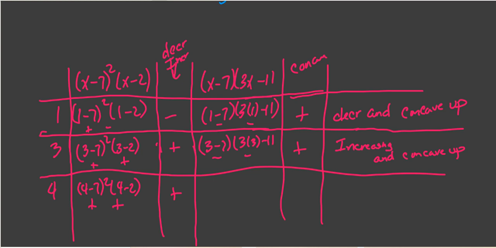Then we have 4 minus 7 times 3 times 4 minus 11. This will give us a negative times a positive, which is a negative. So this means that this is going to be increasing and concave down.